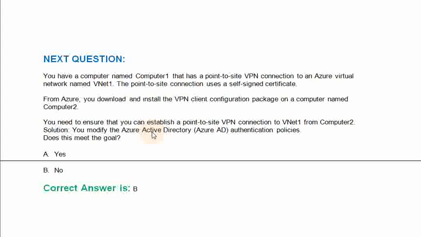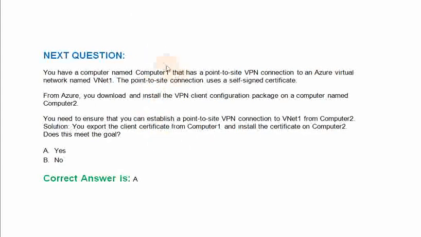You need to ensure that you can establish a point to site VPN connection to VNet1 from computer 2. Solution: you modify the Azure Active Directory authentication policies. Does this meet the goal? Option A yes, option B no. The correct answer is option B.